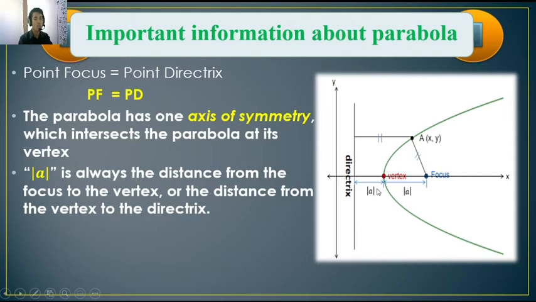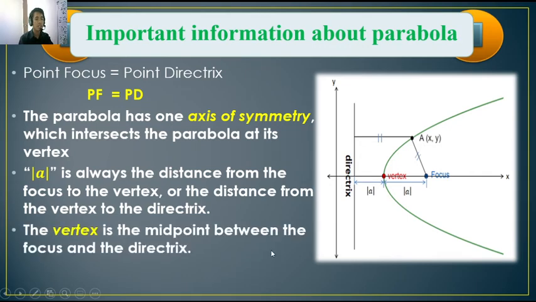Or the distance from the focus to the directrix is equal to 2a. And then, what is the relationship of focus and directrix to the vertex? The vertex is the midpoint between the focus and the directrix.